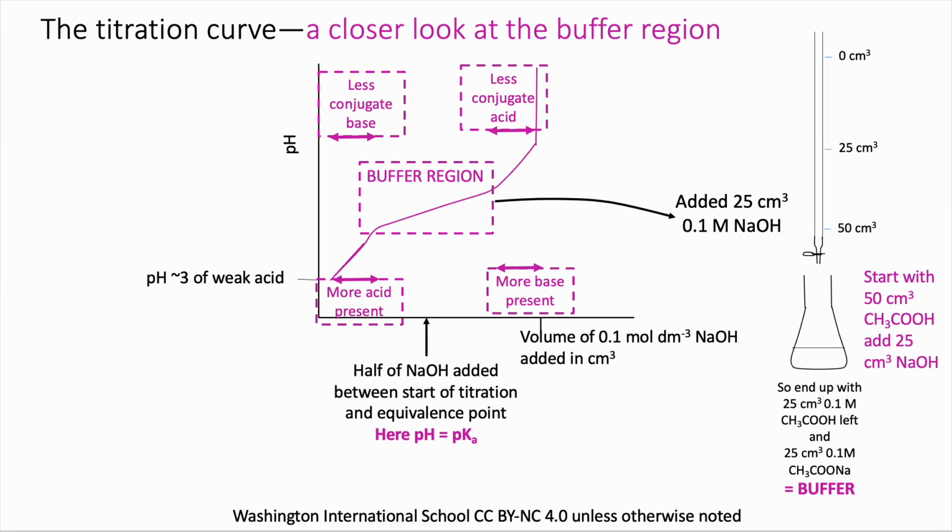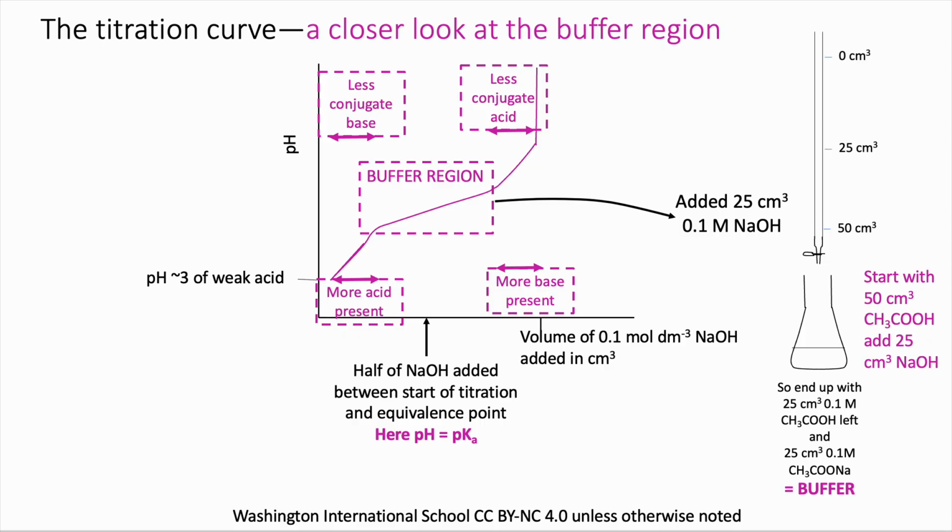And looking at a graph, you've got the pH on the y-axis, and on the x-axis you've got the amount of sodium hydroxide added. And when you've added half of it, your pKa equals the pH of the solution, and you've got the buffer region on that more horizontal, it's certainly not horizontal, region.